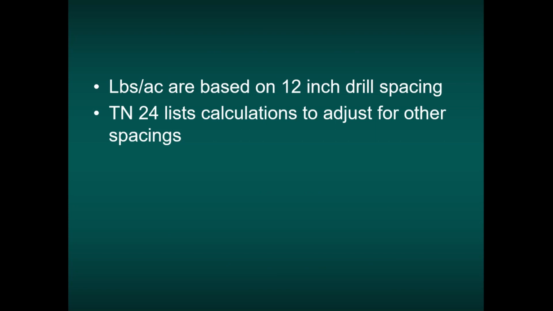And finally, the pounds per acre are based on 12-inch drill spacing or straight broadcasting. If you've got a drill that has spouts either closer together or farther apart than 12 inches, then some adjustments are going to need to be made. Technical Note 24 at the very end has these calculations to adjust those seed rates.